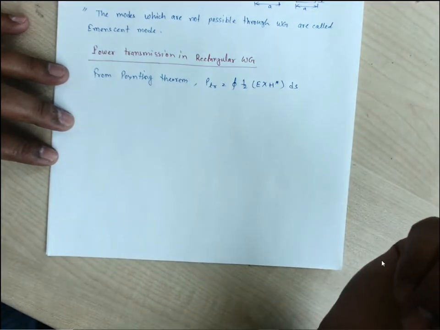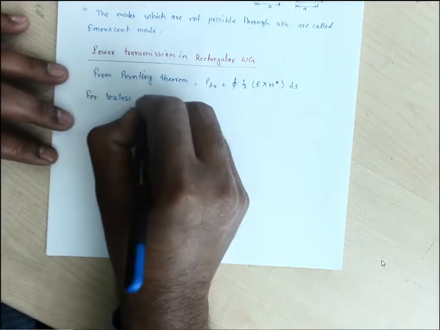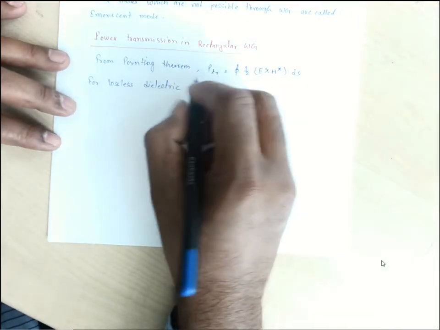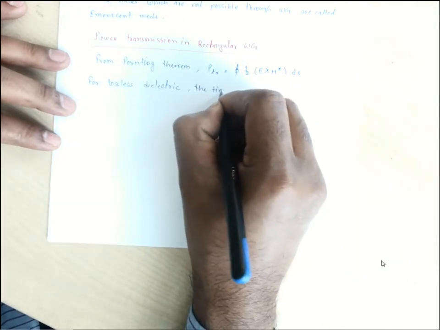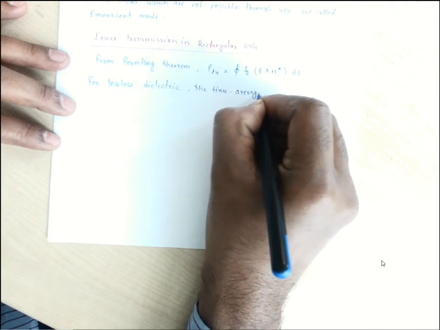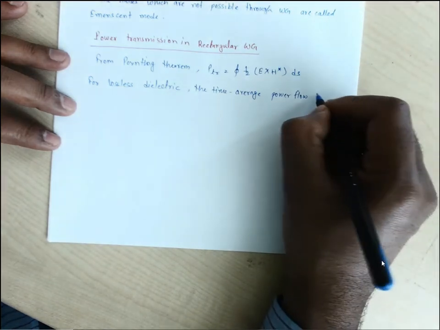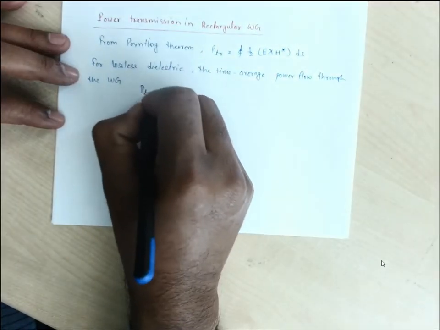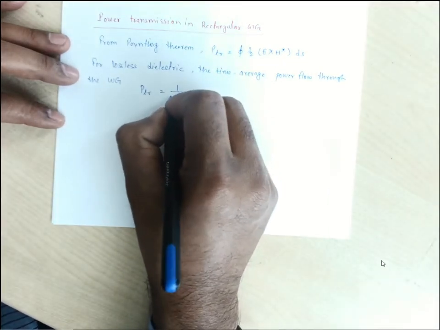In the same way, for the lossless dielectric, the time average power flow through the waveguide is 1 by 2 Zg.